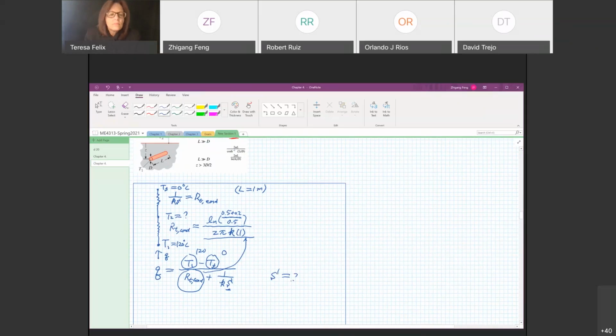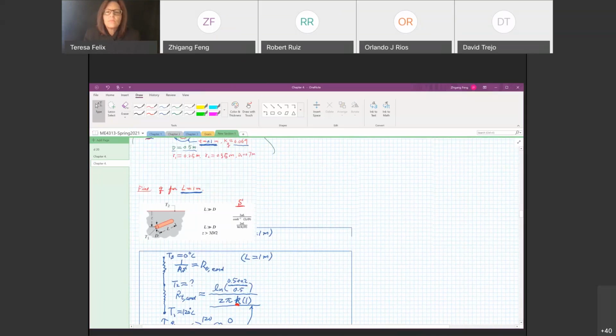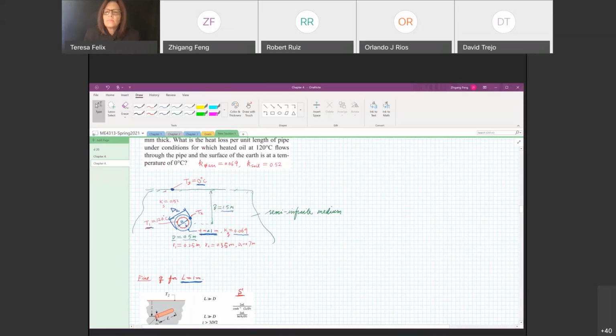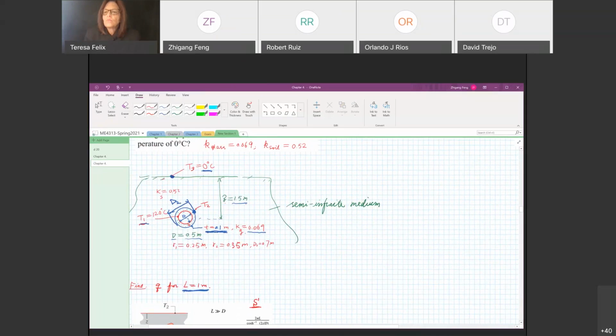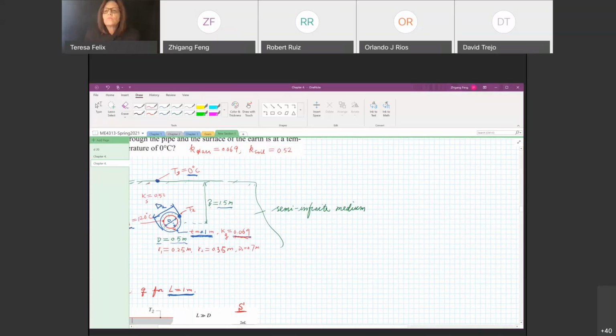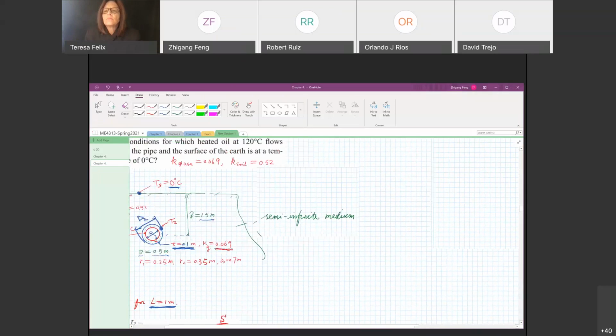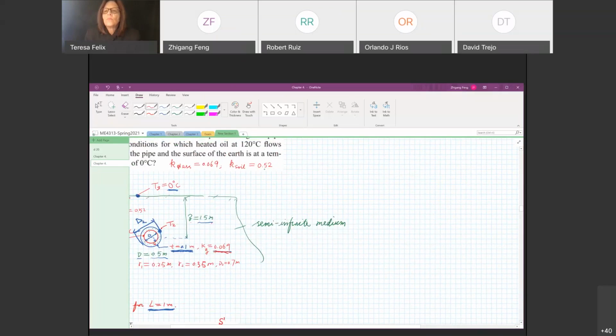And also I want you to pay attention to these K, the thermal conductivity. What is the value of the first K here? We have two K. One is the K of the insulation layer, 0.069. The other K is the K of the earth or the soil, 0.52.